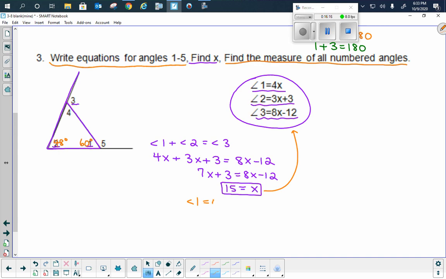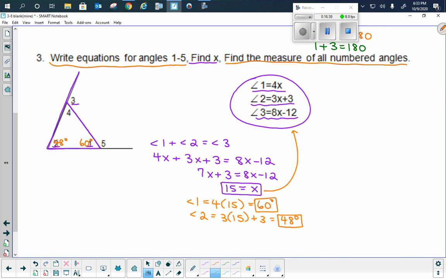So we have 4 times 15 for angle 1. That's where we got the 60 degrees. I'm always just going to put it in my picture to help me out. Angle 2 was 3 times 15 plus 3. 3 times 15, 45 plus 3 is where we got that 48 degrees.